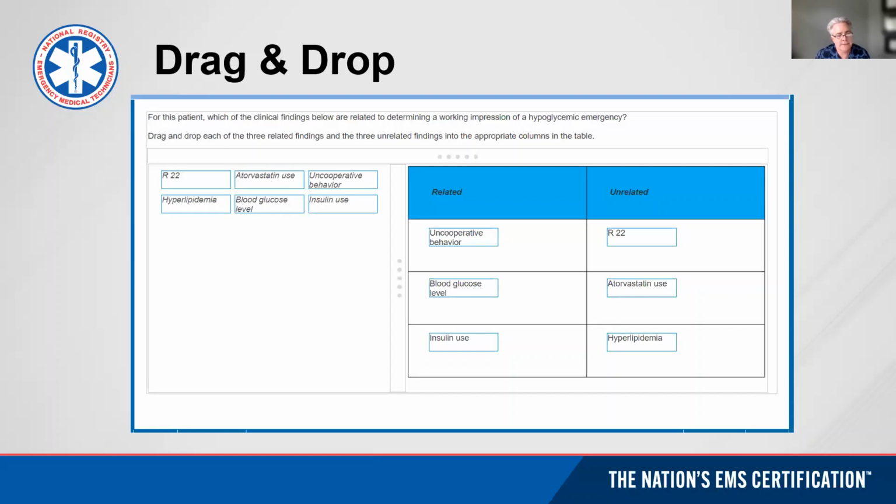That could mean a lot of different things, not necessarily hypoglycemia. The statin use may or may not be related to the hypoglycemia, probably not. And the history of hyperlipidemia is not going to be causing the emergency that we're answering today for this patient who has an altered behavior and mental status and a sugar of 47. So again, I would just drag and drop these and put them into the right spot and answer the item.